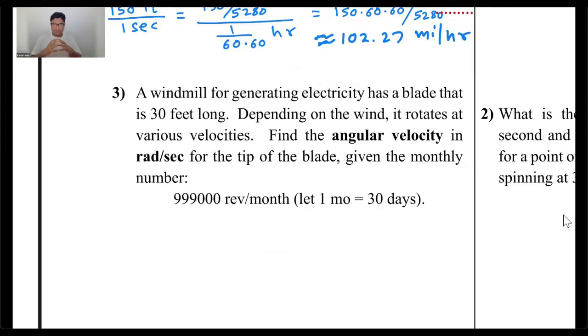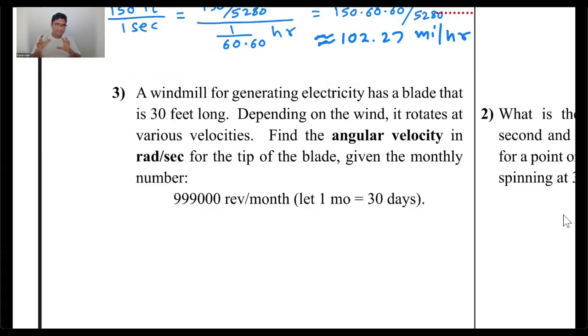A windmill for generating electricity has a blade that is 300 feet long. Depending on the wind, it rotates at various velocities. Find the angular velocity in radians per second for the tip of the blade given the monthly number. See, now here's the thing.